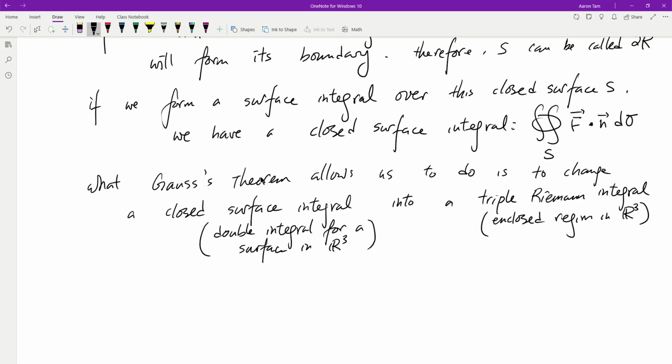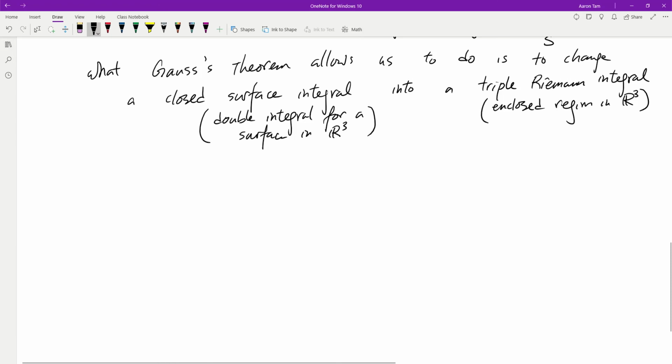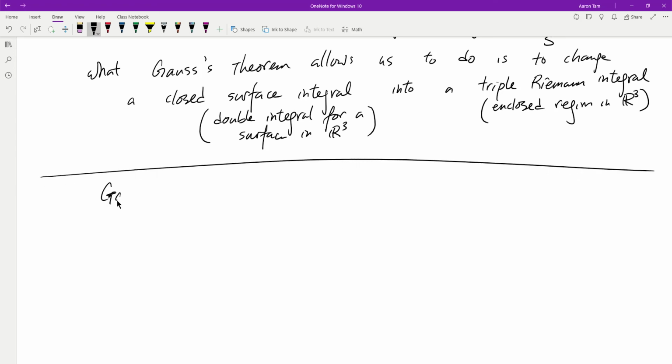So how does Gauss's theorem work? Well, let me show you the definition so that you know. There you go. Gauss's theorem. So let's say we're given a closed surface in R3.